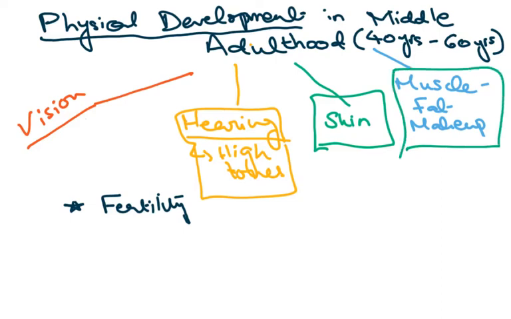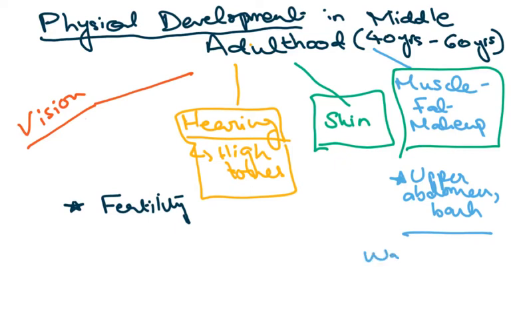There are certain gender differences here as well, even though there's weight gain in both of the groups. But men tend to gain more towards the upper abdomen, right, for men, and the back. And for women, it's usually concentrated more towards the waist and the upper arms.